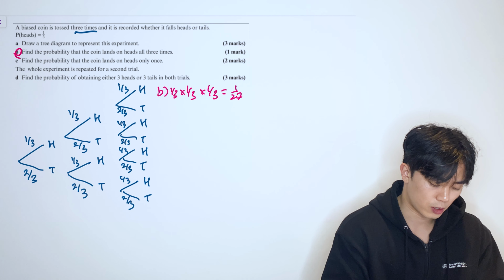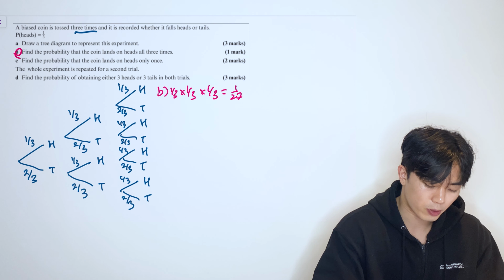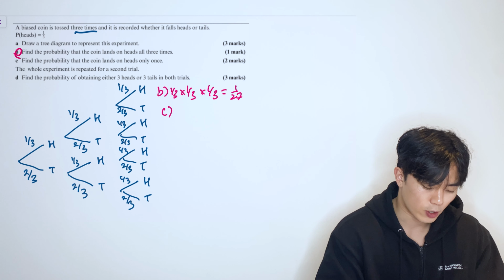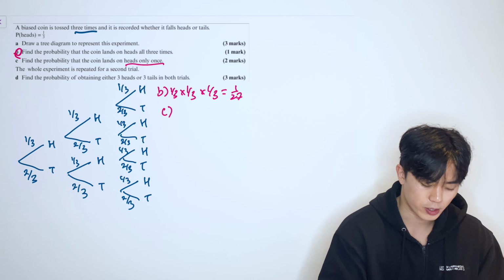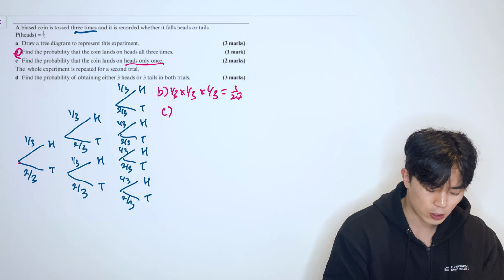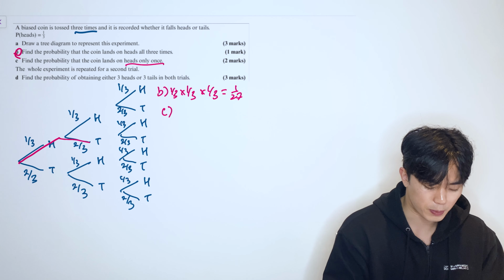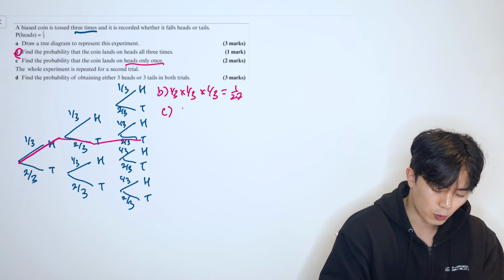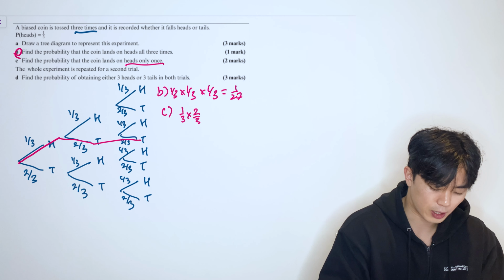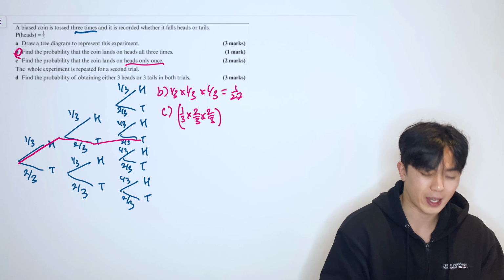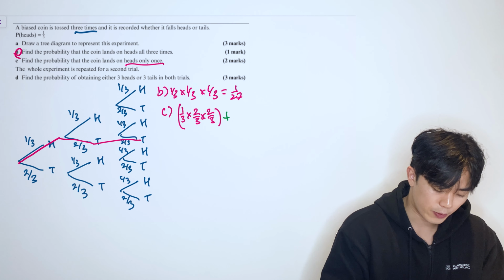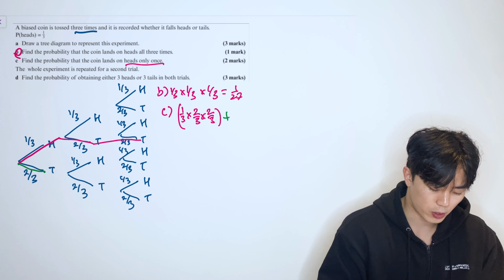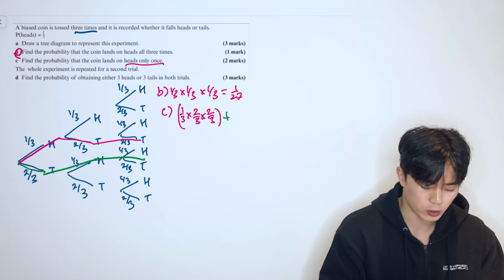All right. In part C, find the probability that the coin lands on heads only once. So there's going to be multiple ways that he lands on heads once. Okay, so the first thing would be, if he lands heads on the first one, then the second 2 have to be tails, tails, right? So this would be 1 over 3 times 2 over 3 times 2 over 3. That's one way of getting one head only. Plus, let's find a second route. So if you get tails on the first one, then you get heads on the second one, and then tails on the third one.